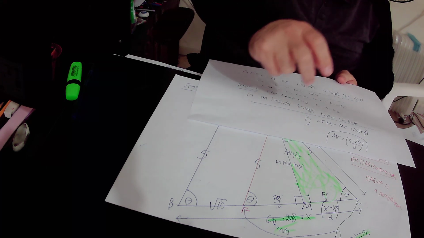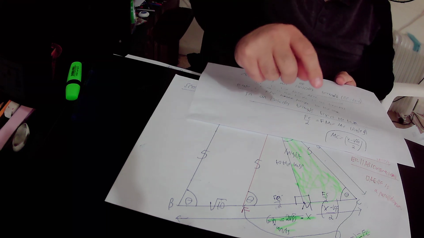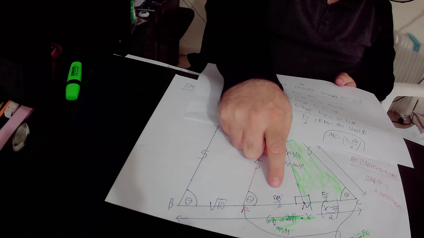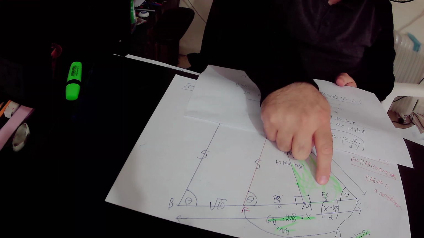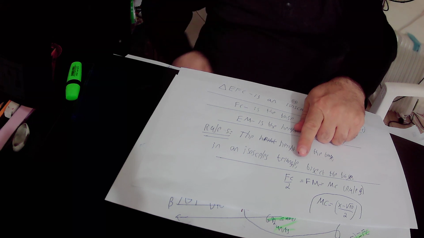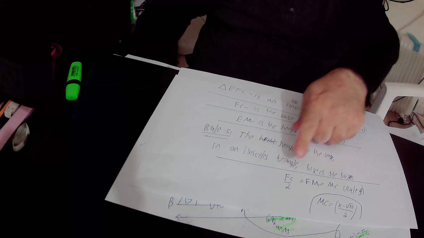Each part must be equal to FC over 2. So in conclusion, FM equals FC over 2 and MC equals FC over 2.